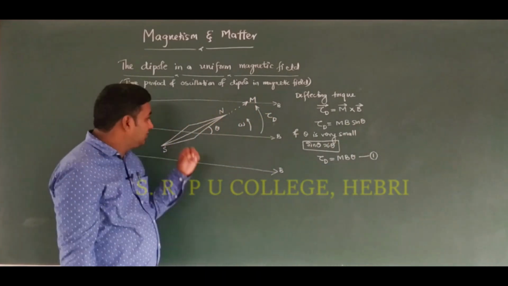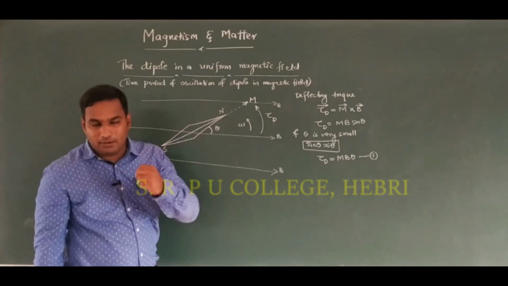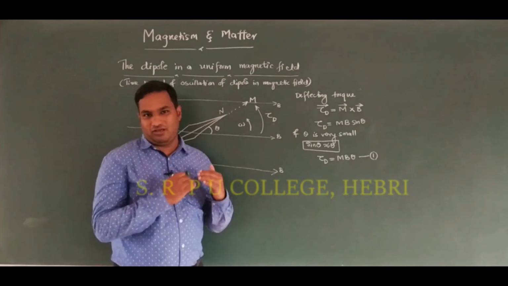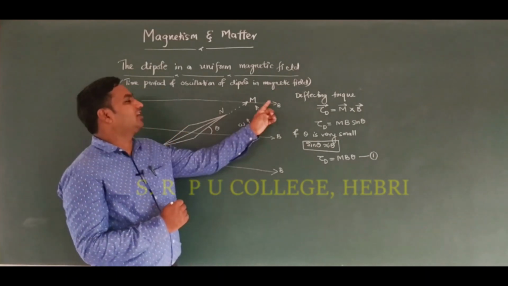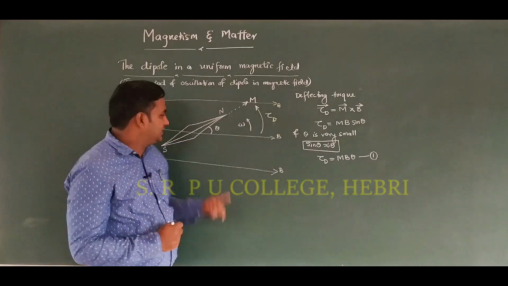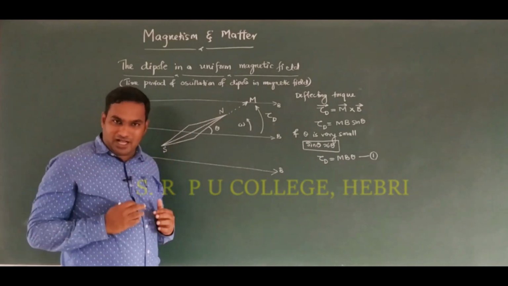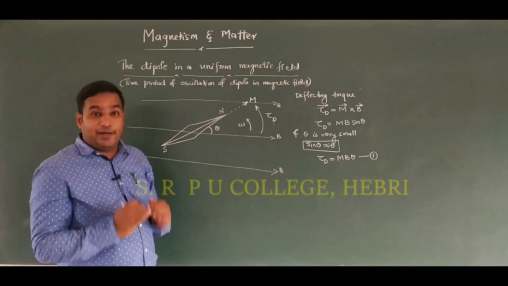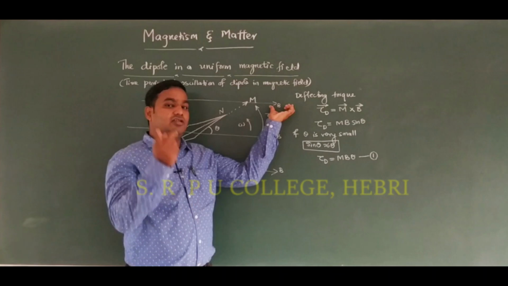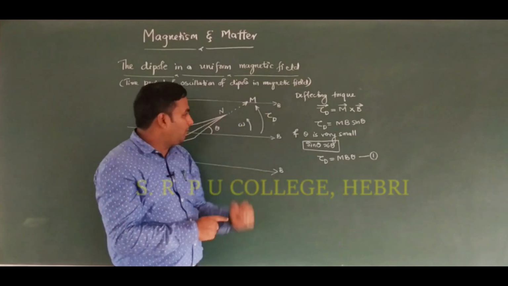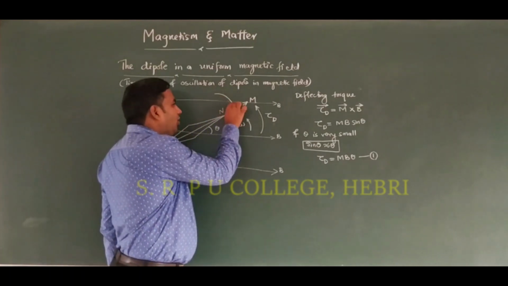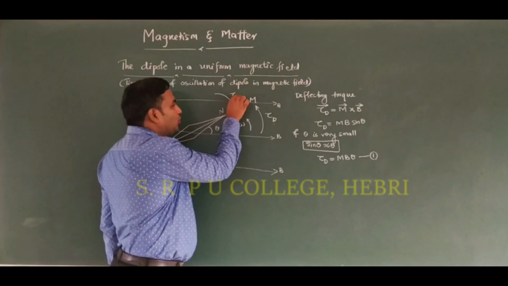Dear student, this magnetic needle also has a suitable mass. The needle tries to oppose the deflection created by the external uniform magnetic field. I repeat, this magnetic needle has a suitable mass and a suitable inertia. Depending on that, whatever deflection is created by the external uniform magnetic field is opposed by the needle with the help of one more torque, which we call restoring torque.